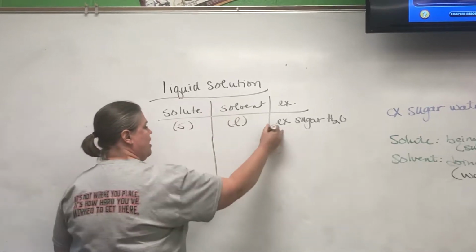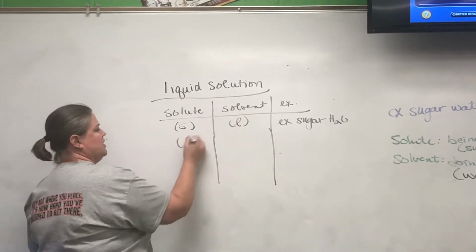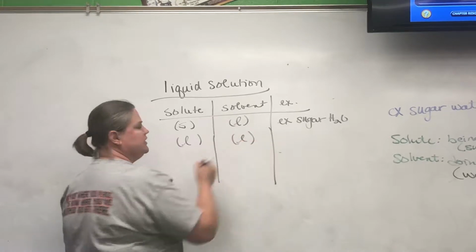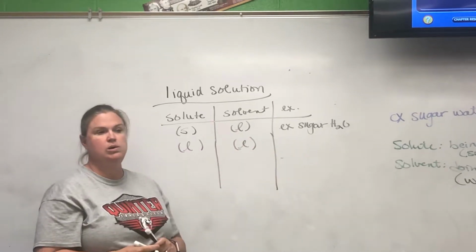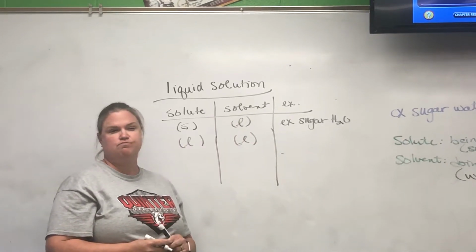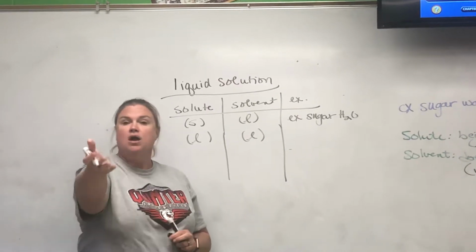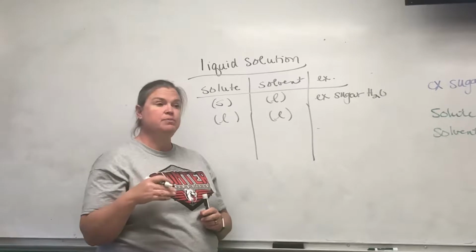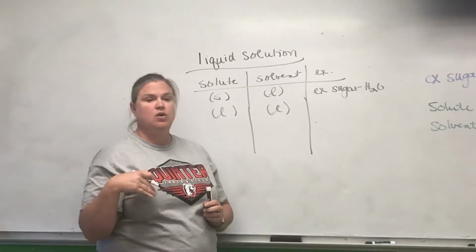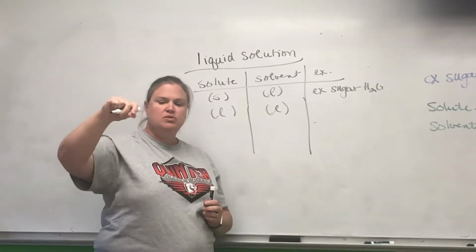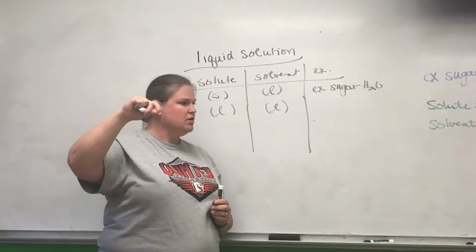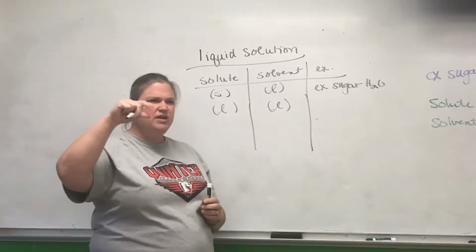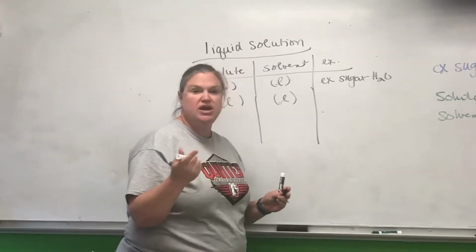You could also have a liquid in a liquid. Can you think of when you dissolve a liquid in a liquid? Chocolate syrup and milk. Perfect. That would be chocolate syrup and milk, or food coloring in water, or that stuff you put in water to make it flavored, the Mio, or Kool-Aid concentrated, right?